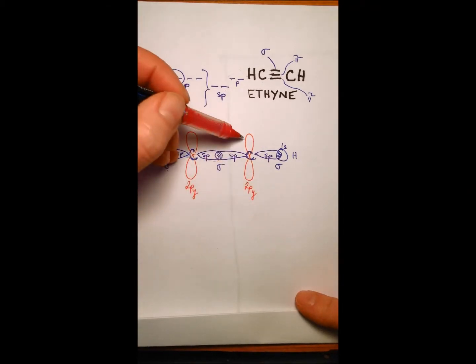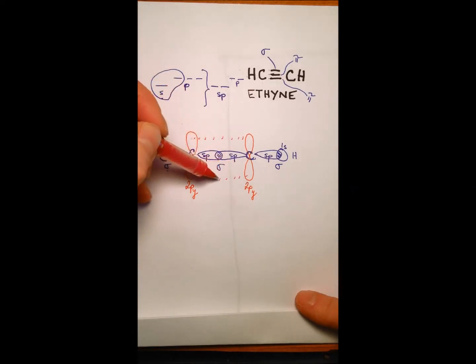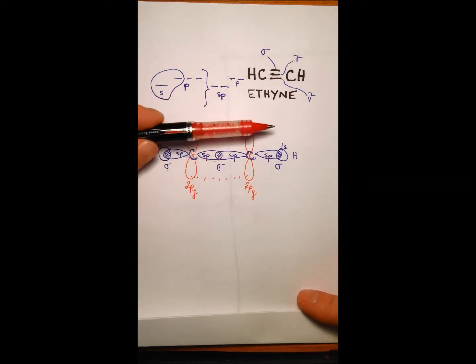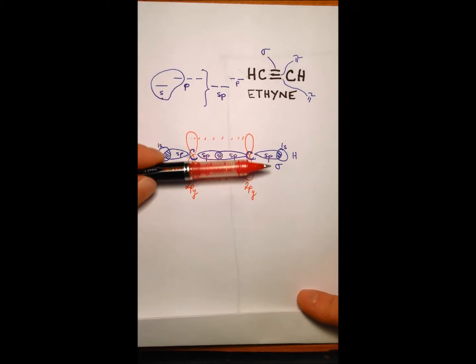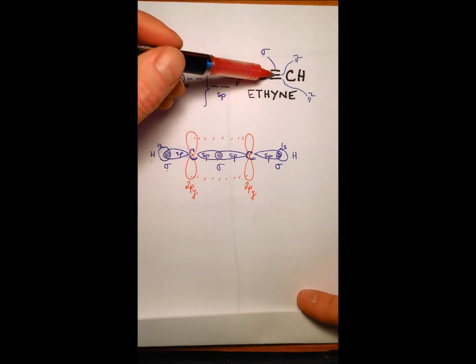So I see that the indirect overlap, let's draw them kind of like antennae talking to each other. It looks like two places, two locations of overlap, but these together constitute just one pi bond, okay?